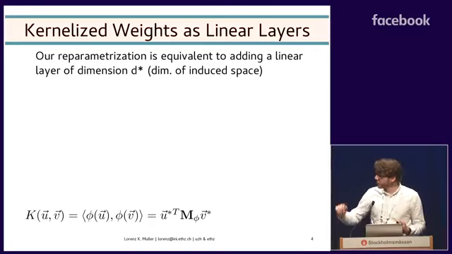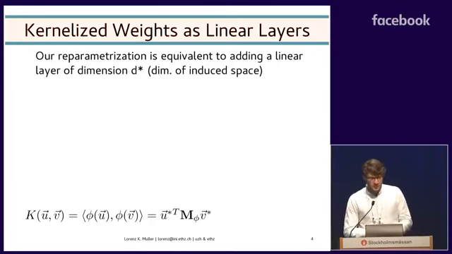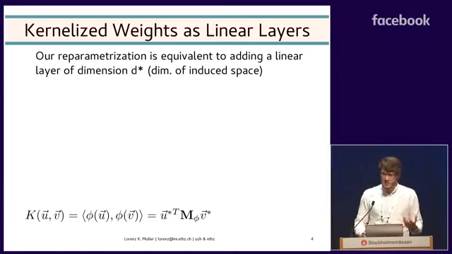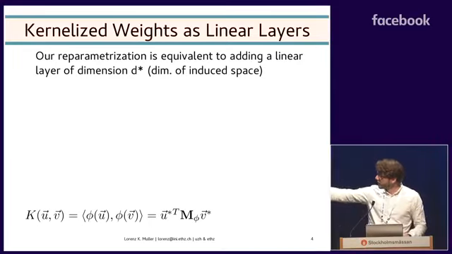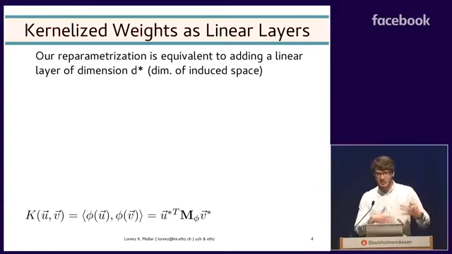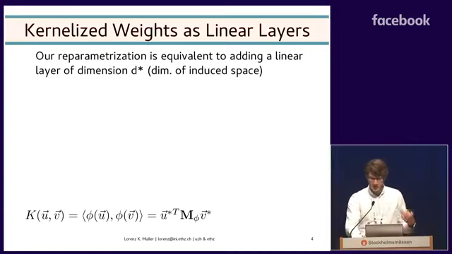And on the bottom, just as a reminder, what it means for a kernel function to induce a space, you can write any kernel function acting on two vectors as an inner product in some space, and phi would, in this case here, be the function that maps you from the original space of dimensionality d that u and v live in to this induced space. And then you can write out your inner product in the Hermitian matrix form, and u star and v star would now be the vectors in the induced space. So they have dimensionality d star now instead of dimensionality d.